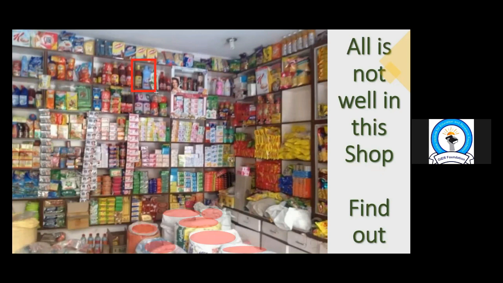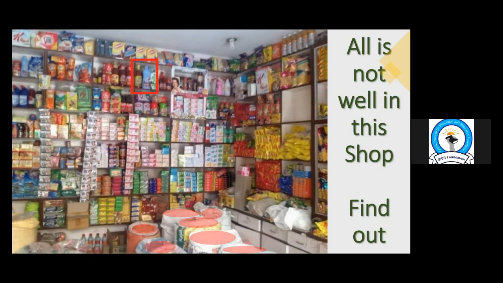The bottle of liquid detergent is kept with the bottle of sauce. So you need to ensure that no chemical-based item is kept near the food. So please keep a check on that.